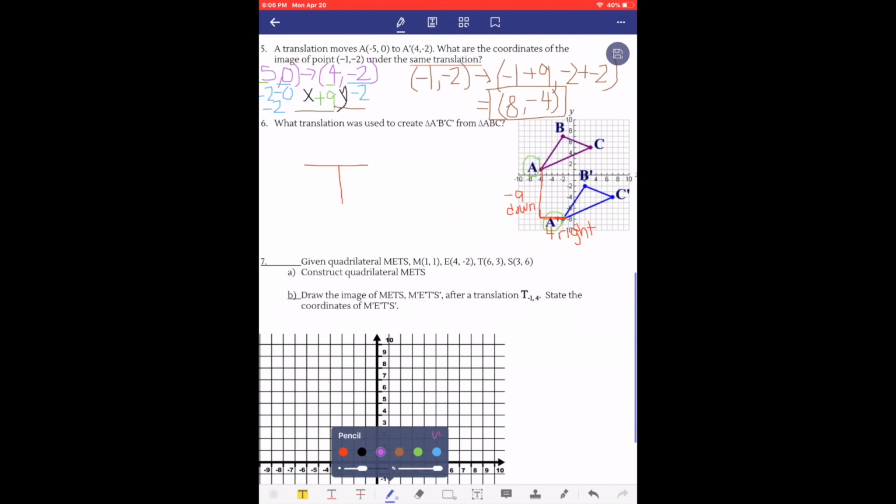So in this case, I moved 4 to the right. So that's a positive 4. I'm just going to write 4. You don't need the plus. We automatically assume it's positive. The 9, you definitely need the negative because when it's subtracting, we need to have that sign. So 9 down, my y value minus 9.